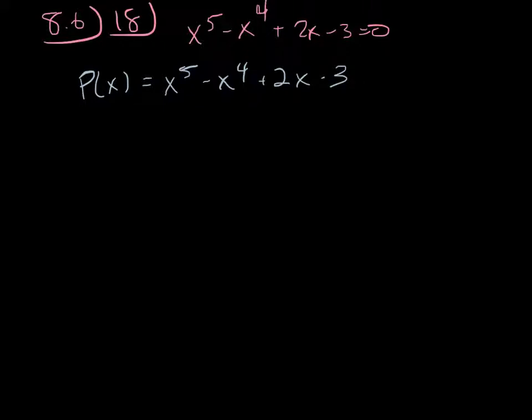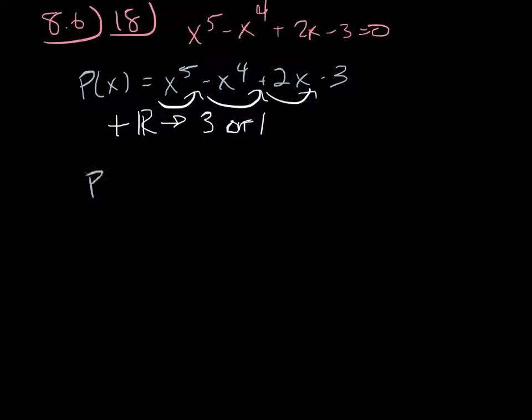Remember, P of x deals with positive real roots. Look for the number of sign changes. We have 3 sign changes, so it's 3 or 1 positive real roots, because it's got to be an even integer less. Then look at P of negative x, so that's negative x to the 5th minus x to the 4th minus 2x minus 3.